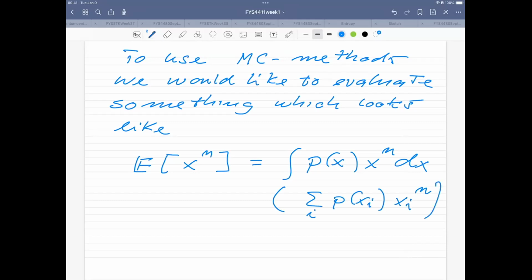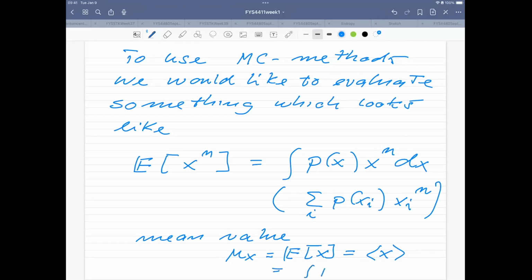And we know the mean value, just to remind you of some of the basic statistics. The mean value is mu of x, which is just the expectation value of x, which we often write in this physics way, with these kinds of brackets. And that is simply the integral of P of x times x dx. And then we have the variance. I hope you don't get offended if I repeat some of these basic statistics equations.